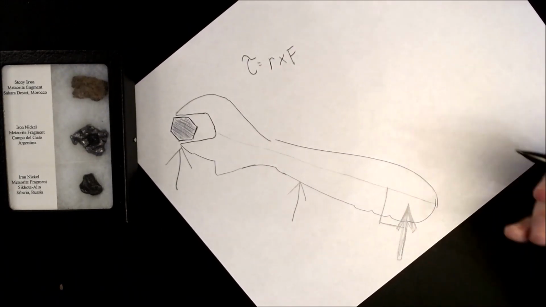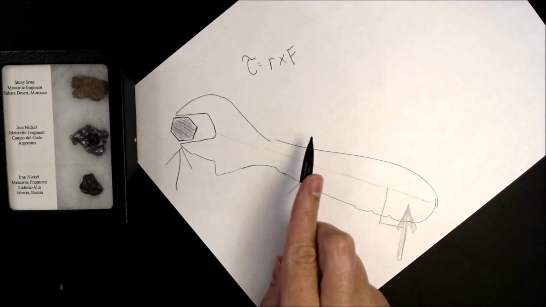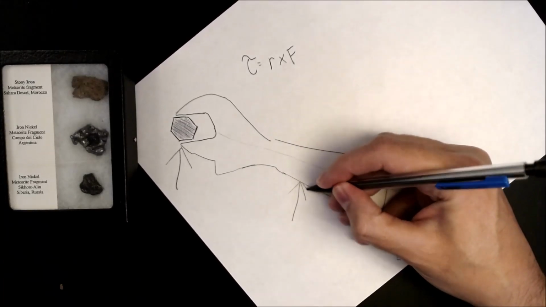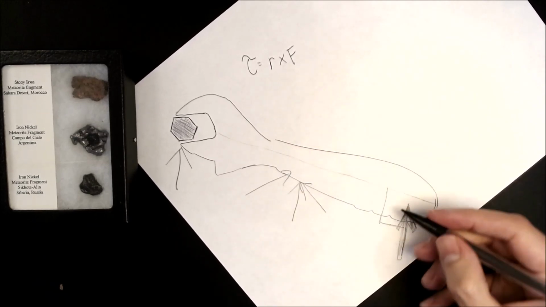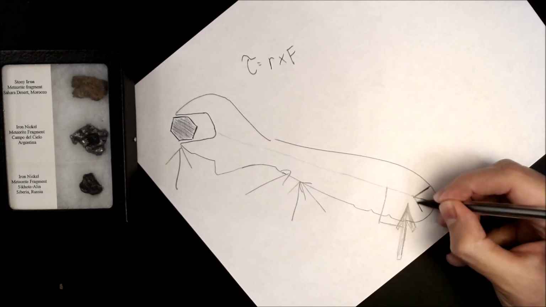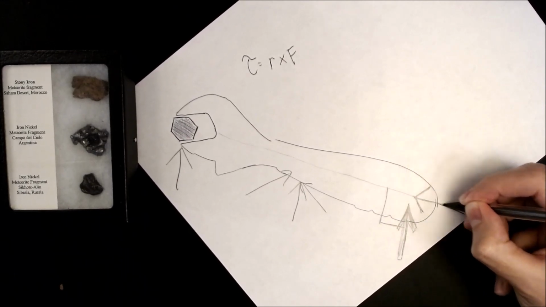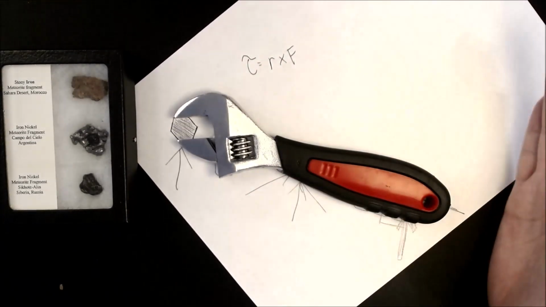In addition, what angle do you want to be pushing at? Pushing at that angle versus, say, that angle? Or that angle? Bringing it up here? What about pushing like this? Is that going to do anything if you push on the wrench like that?